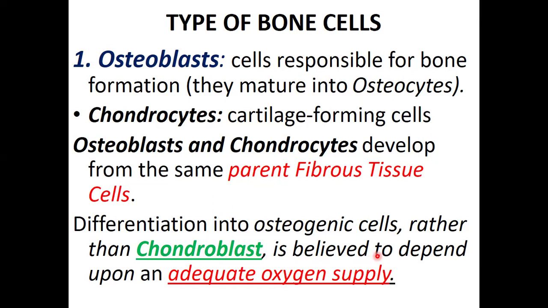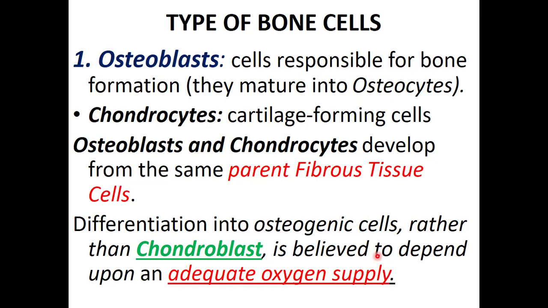So transformation of chondroblasts into osteoblasts depends on oxygen supply. So when oxygen supply is low, chondroblasts are transformed into osteoblasts. They become bone-forming cells.